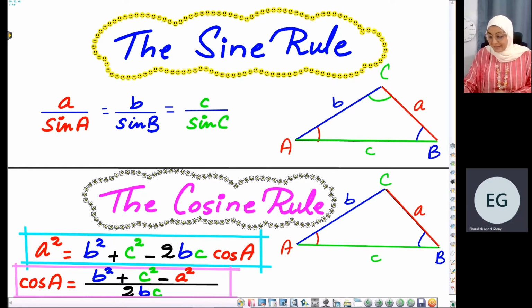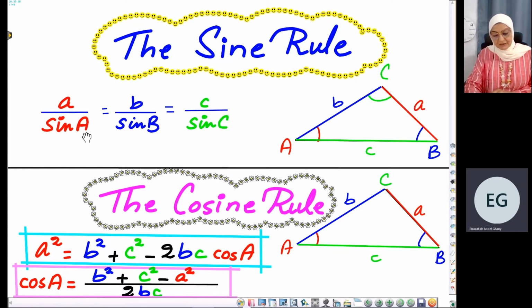It means the length of this red side divided by the sine of its angle is equal to the length of the blue side divided by the sine of the opposite angle, which is equal to the length of the green side over the sine of the opposite angle.